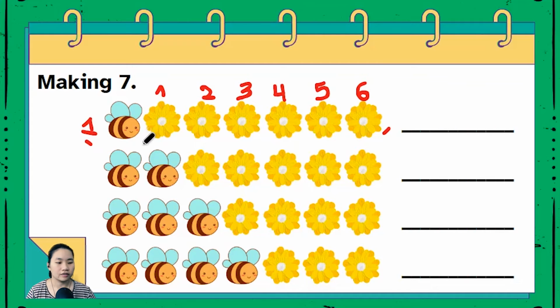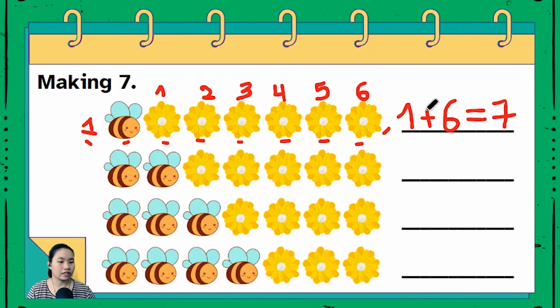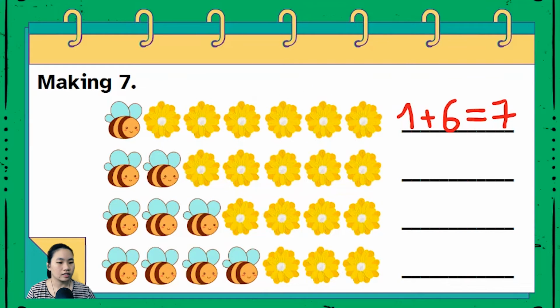It is 7, right? 1, 2, 3, 4, 5, 6, 7. Okay, now I'm going to write the number sentence. 1 plus 6, or 6 plus 1 is okay too. 1 plus 6 equals 7, okay? Now, let's continue to move downwards until we finish this whole bees and flowers.